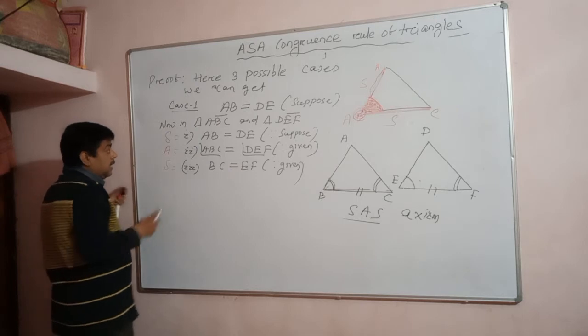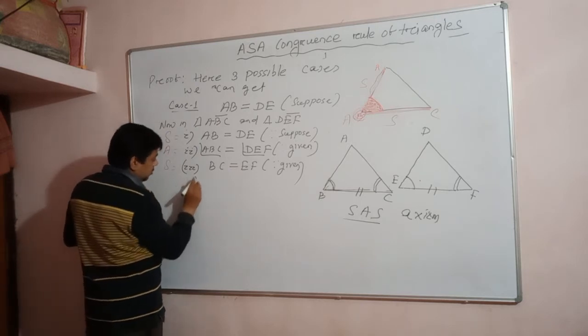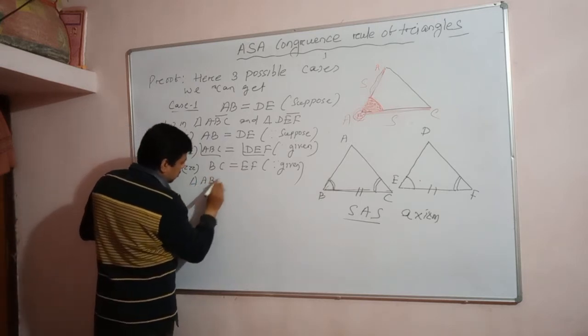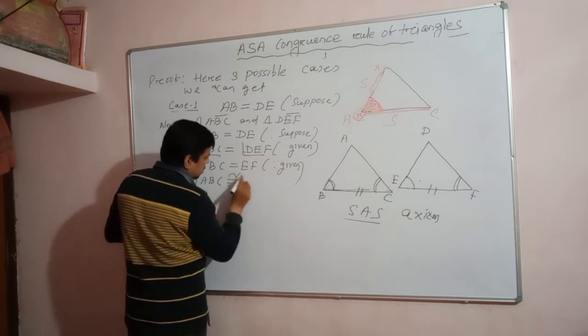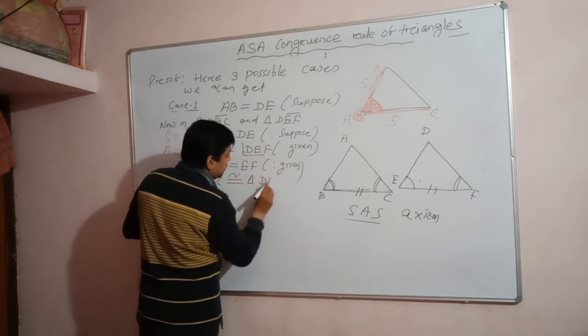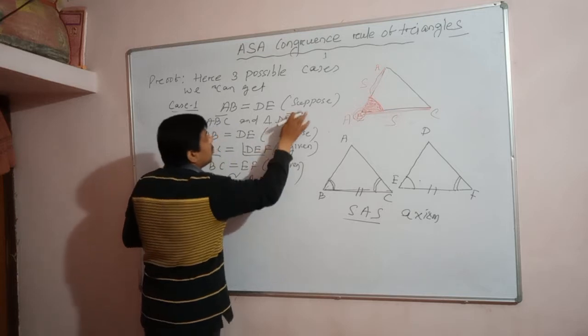So triangle ABC is congruent to triangle DEF. In accordance with what?